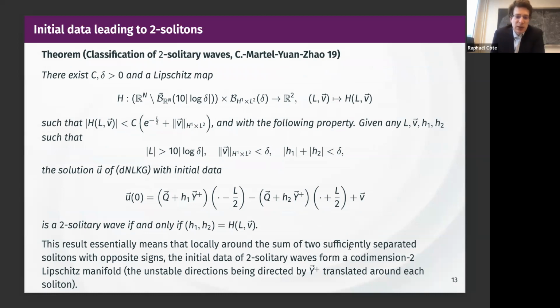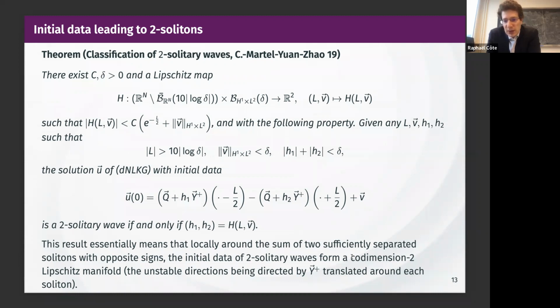I will maybe not give you the full details of the theorem. You can read the text behind, which tells you that if you start near two very separated solitons, then you can completely describe the initial data which will lead to two solitons, two solitary waves.